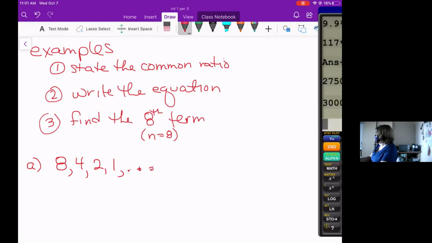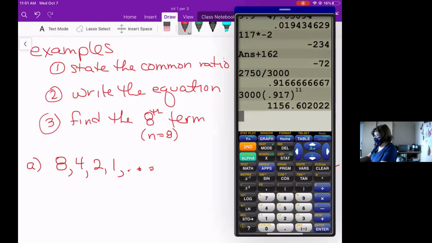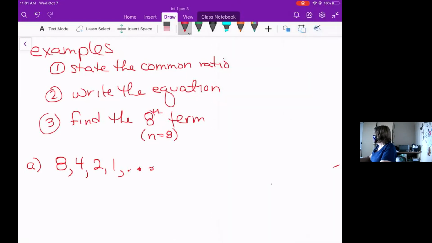So let's start with that one. It still has to be multiplication. You have to rewrite the division as a multiplication problem. Okay.